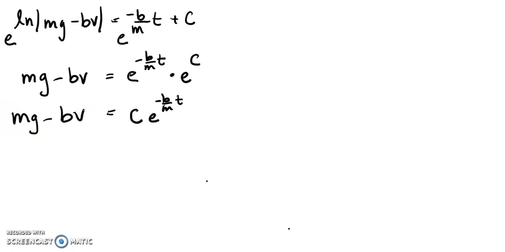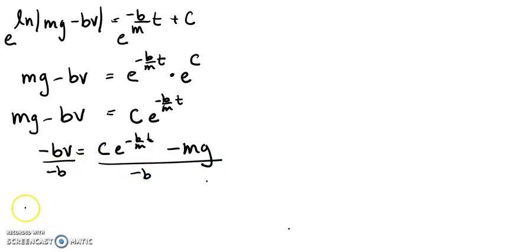Great. So we're still just solving for v, so I can go ahead and do some math. So negative bv equals what? c e to the negative b over mt, take away mg, divide by negative b. Now we have v of t equals what?